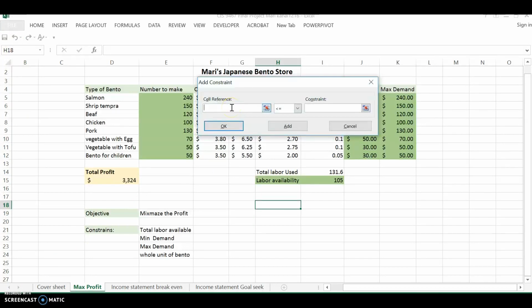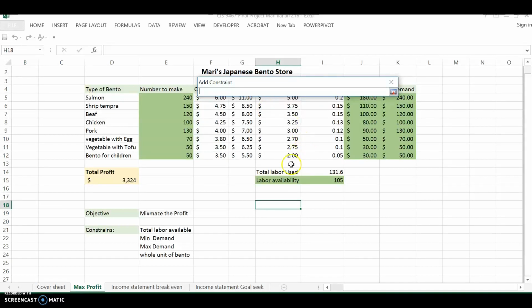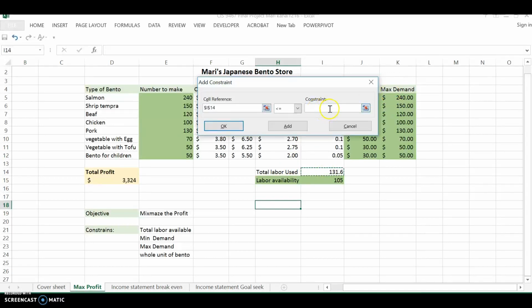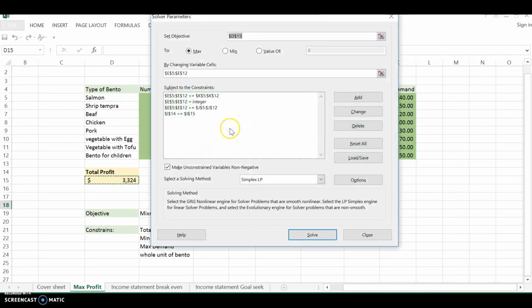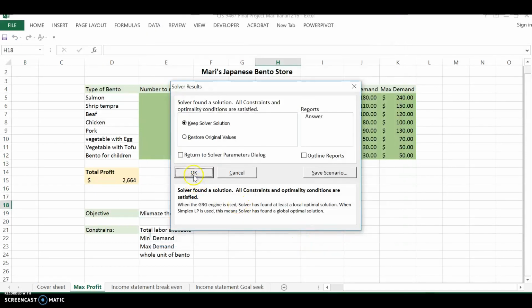Now I add the constraint: the labor used should be smaller than labor availability. Now let's see the result.